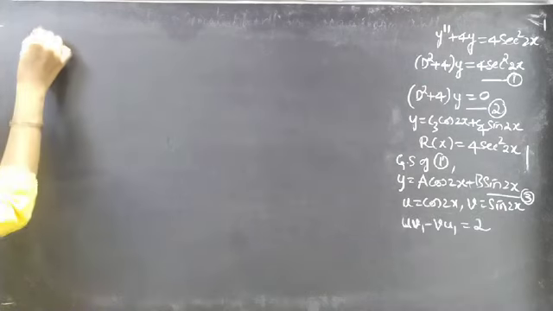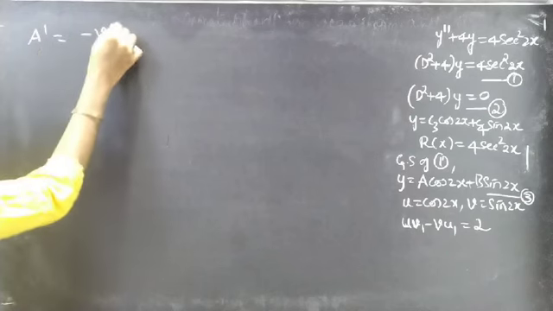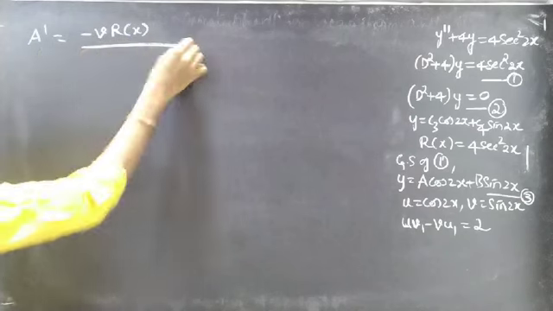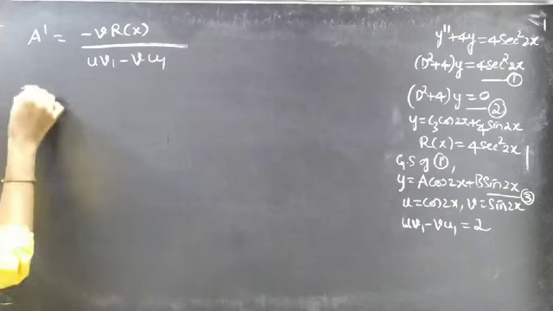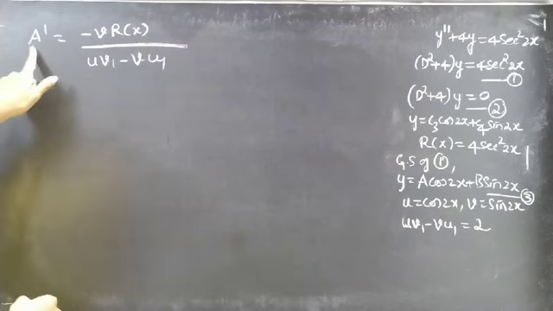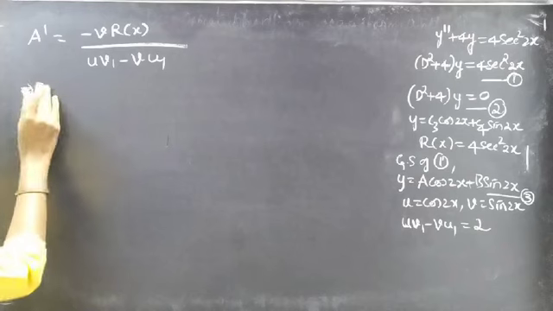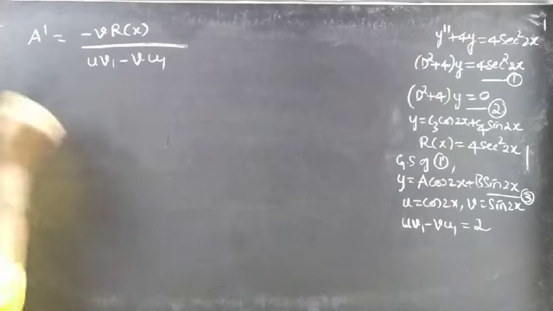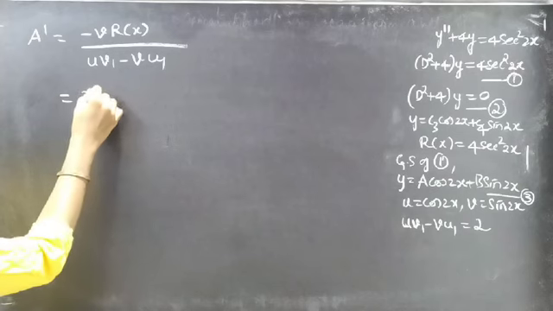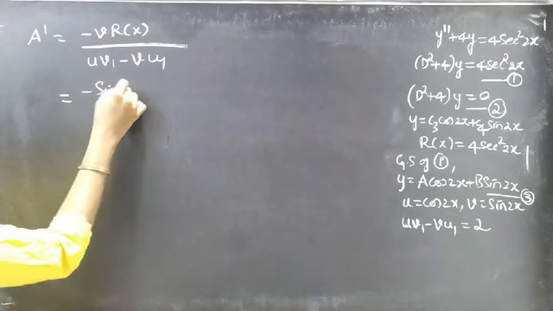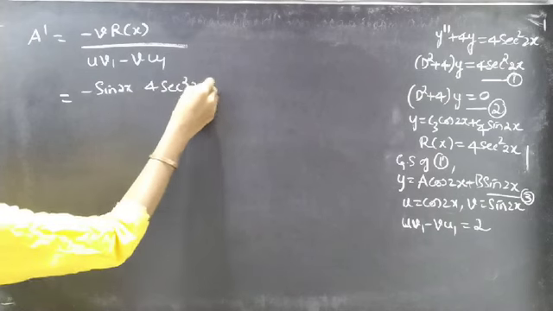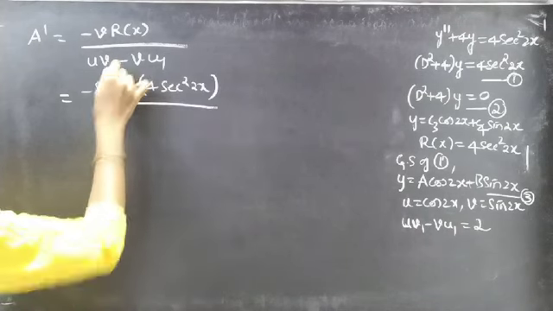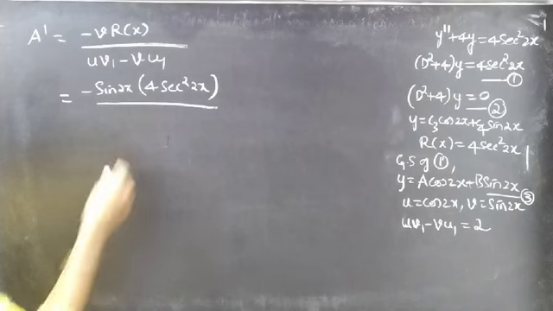Now coming to a dash and b dash. Firstly, we'll find a dash using the formula minus v into r of x by uv1 minus vu1. What is v here? Sin 2x, and r of x is 4 secant square 2x, and uv1 minus vu1 is 2.